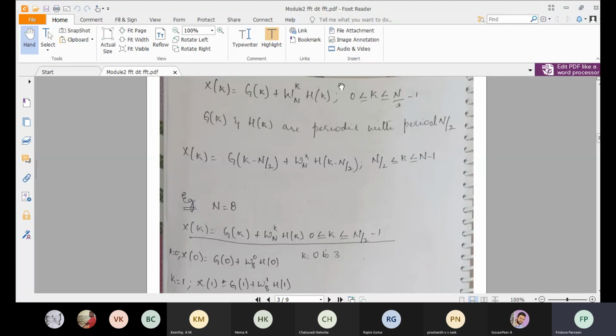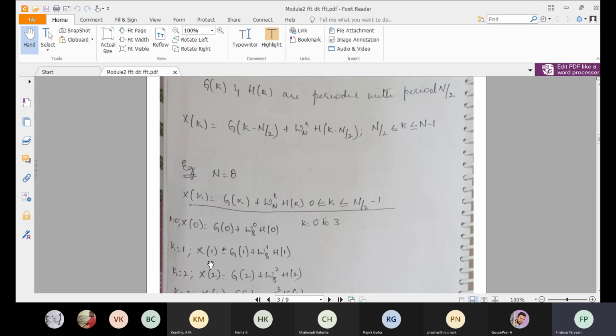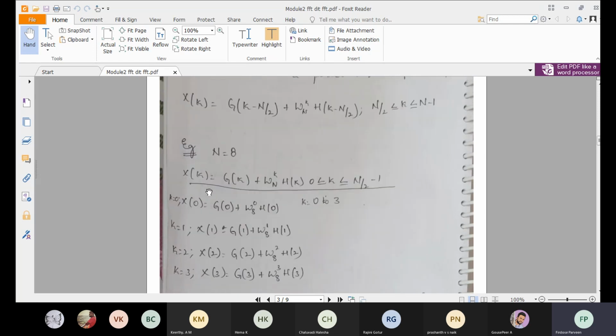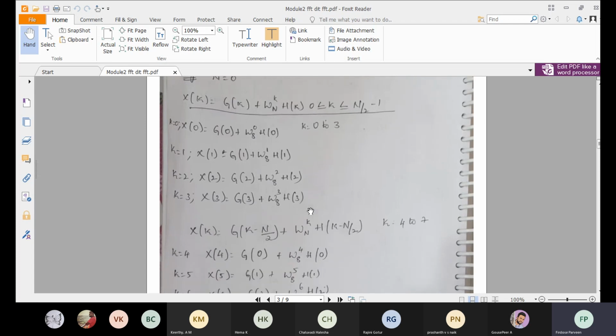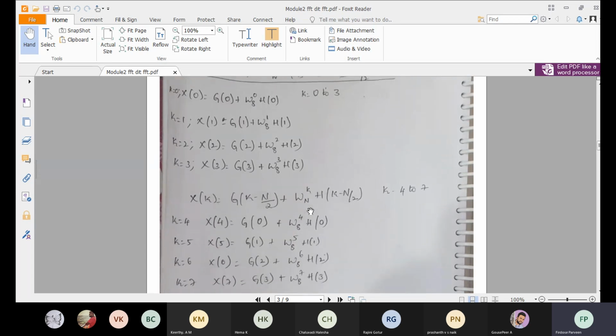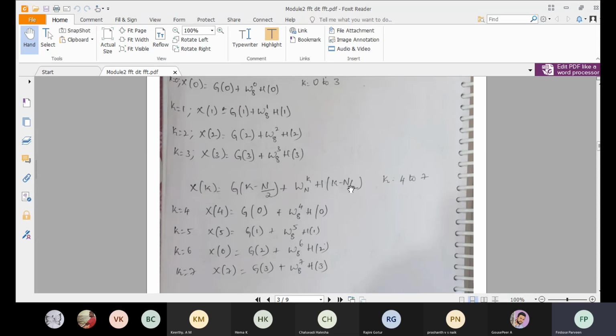Got? Okay. 0 to 3, this equation. Next 4 to 7, this equation. So you will be getting x of 0, x of 1, x of 2, x of 3 from this equation. In the same way, you will be getting x of 4, x of 5, x of 6, x of 7 from this equation. That is k is equal to 4 till 7.